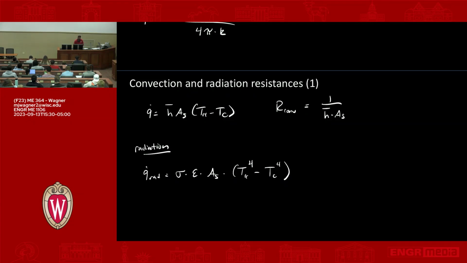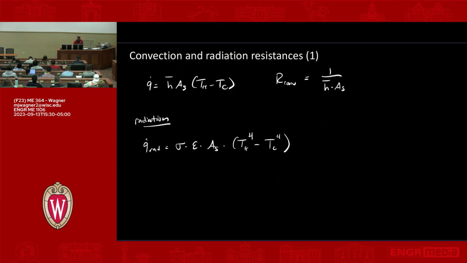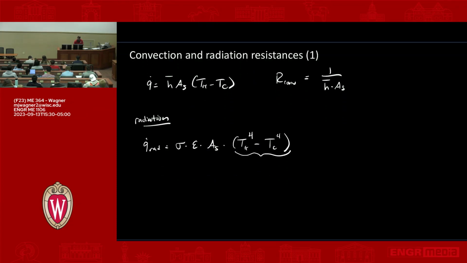All right, so let's take this term and recognize that you can break it into two terms that multiply each other: (T_H squared plus T_C squared) times (T_H squared minus T_C squared). It's equivalent; we're just breaking it up into two terms multiplying each other.